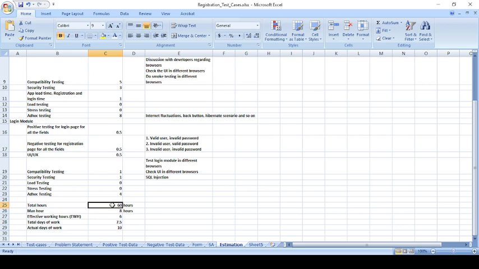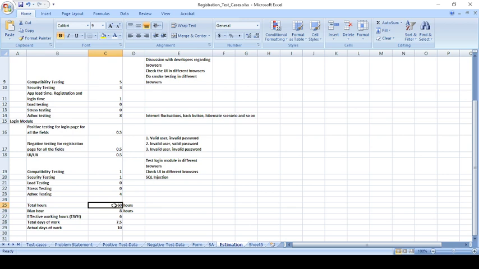This is not QA's mistake, right? Or say one of your employees is absent or has taken a half day. Or say there is a power failure. So for such things, we always consider 20% as buffer time.